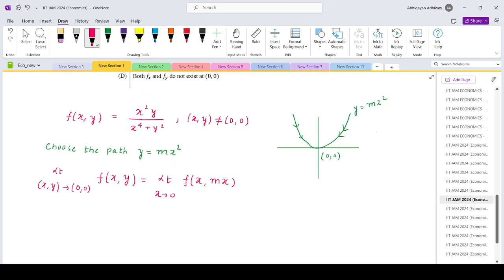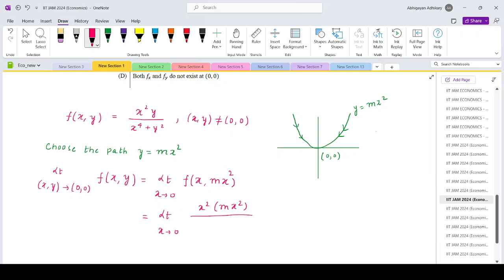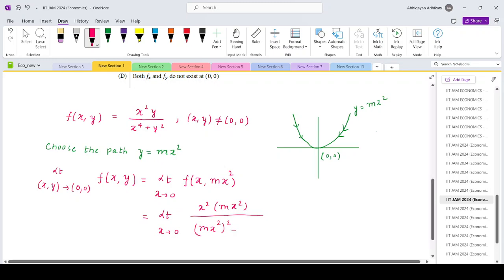So if you replace y with mx squared in the expression, what are you getting? x squared into mx squared divided by (mx squared) whole squared plus x to the power 4.